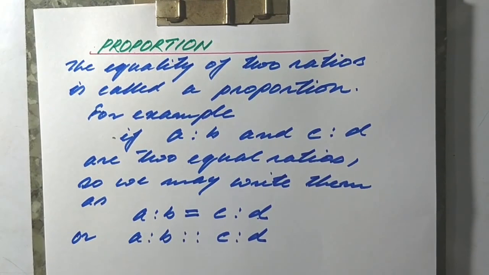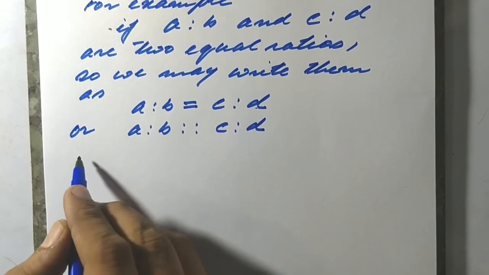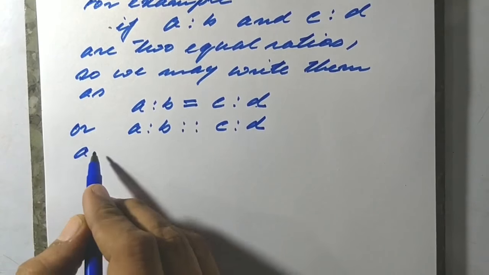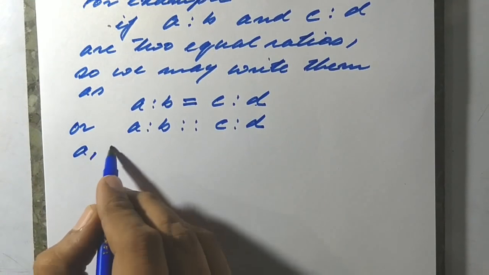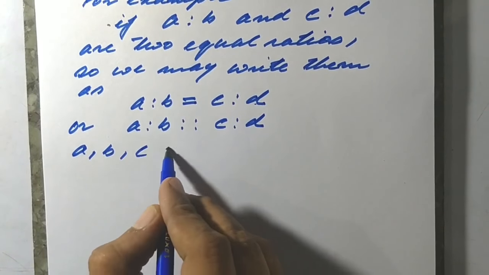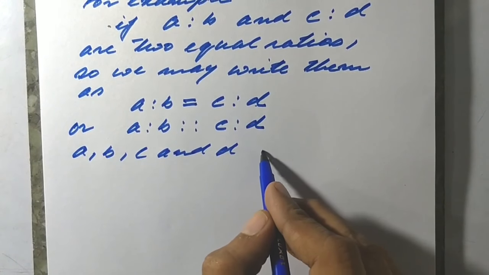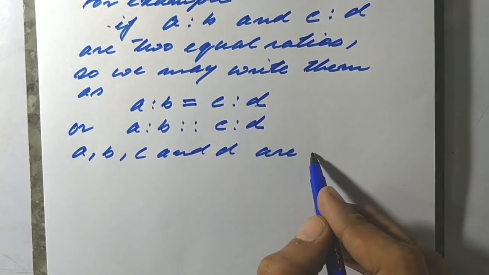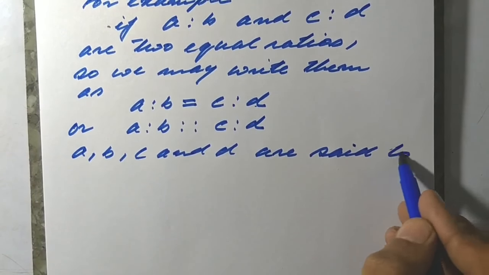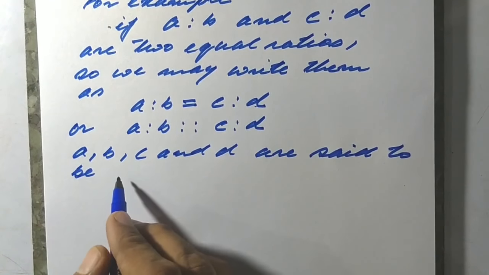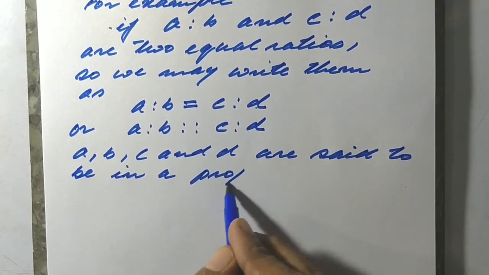So we say that A, B, C, D are in proportion, or A, B, C, D are proportional. A, B, C and D are said to be in a proportion.